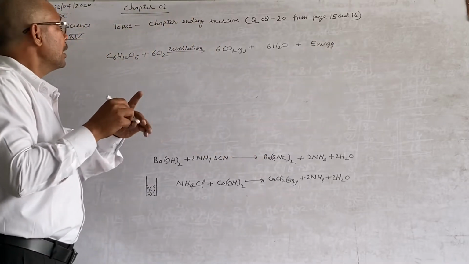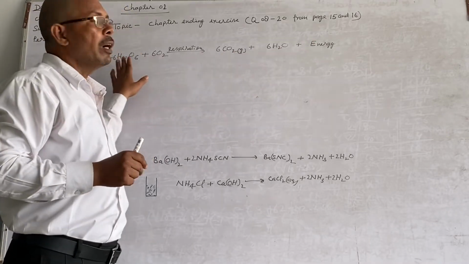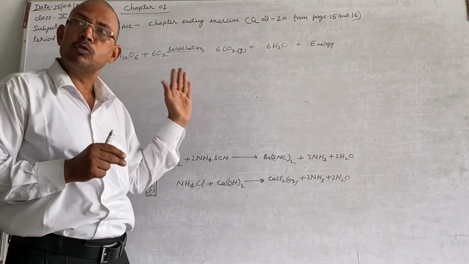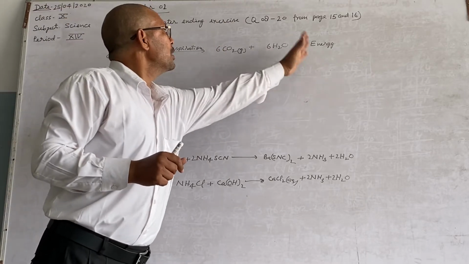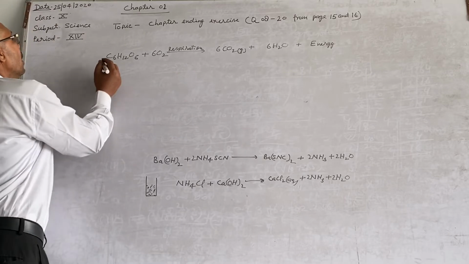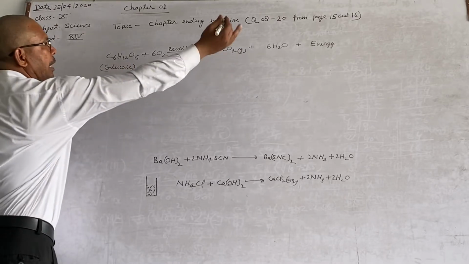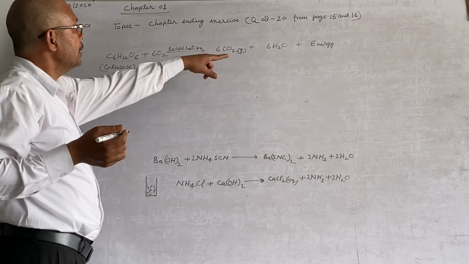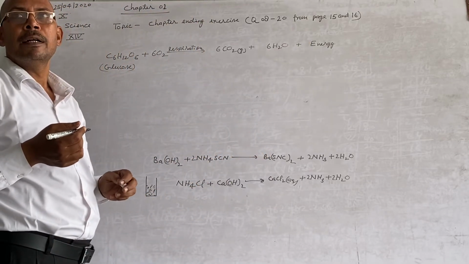Since in this reaction energy is produced, this reaction is called an exothermic reaction. Respiration is an exothermic reaction because energy is produced in this reaction by oxidation of food, that is glucose. This is glucose, and it gives carbon dioxide plus water plus energy in the form of ATP and heat energy.